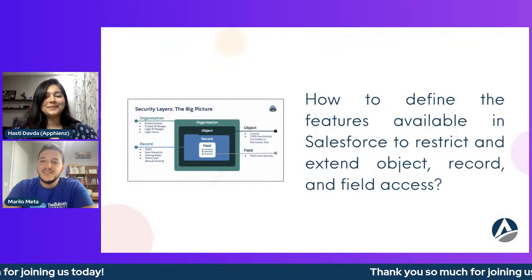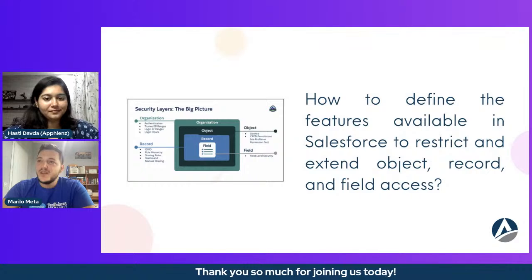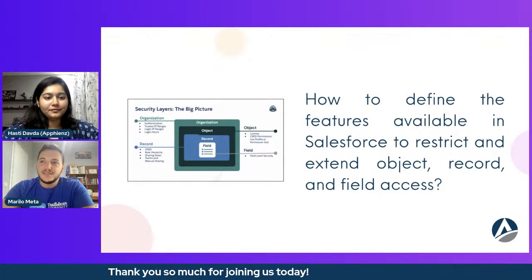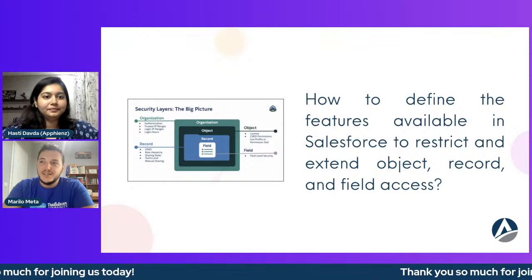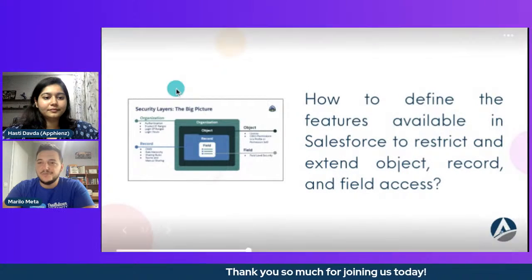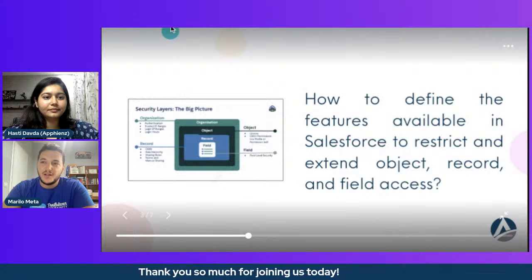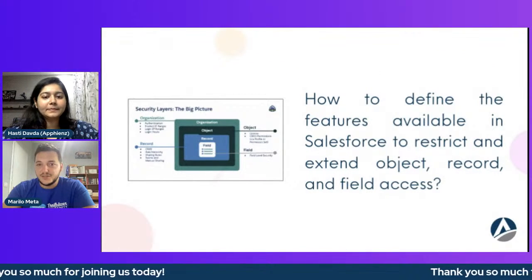Okay, thank you, Hasi. So if you see here in the presentation, you see the security layers, the big picture. This is the Salesforce big picture of security layers. As I said in the analogy before, you have your own apartment, but using the shared resources in the building.